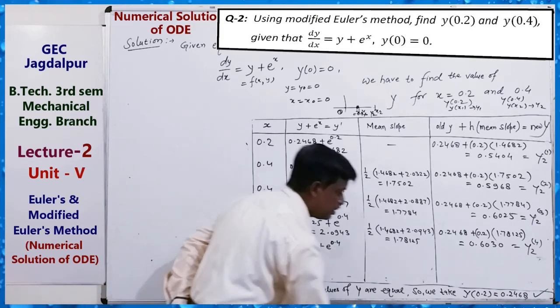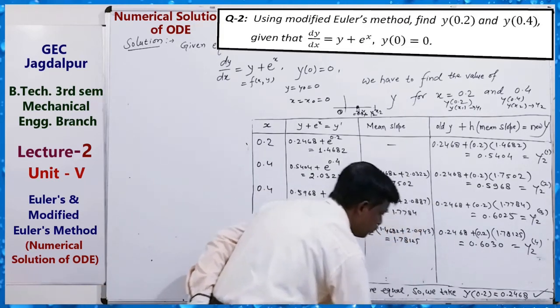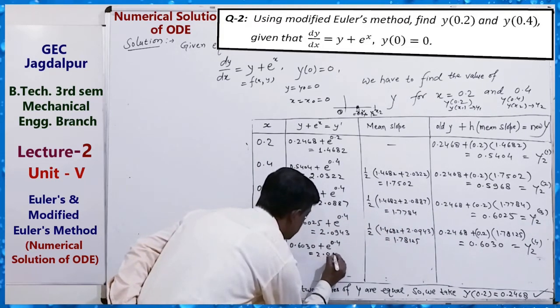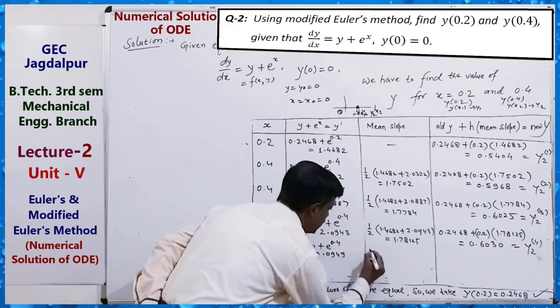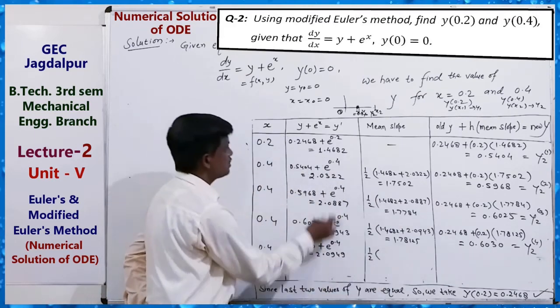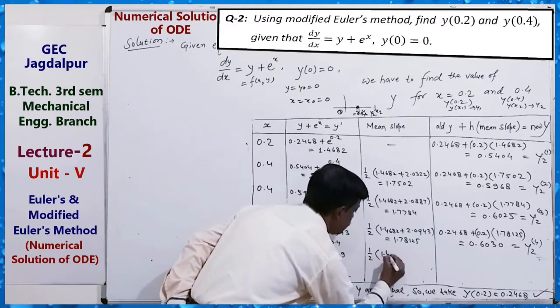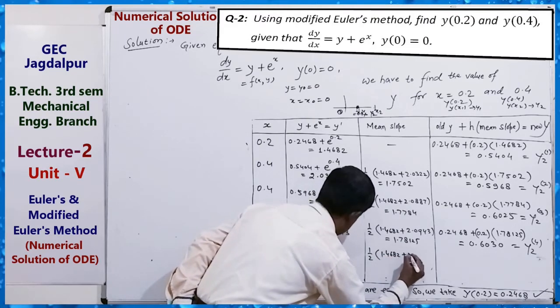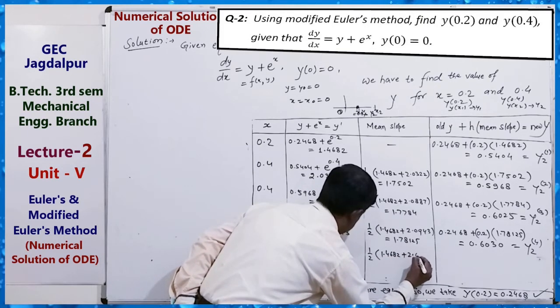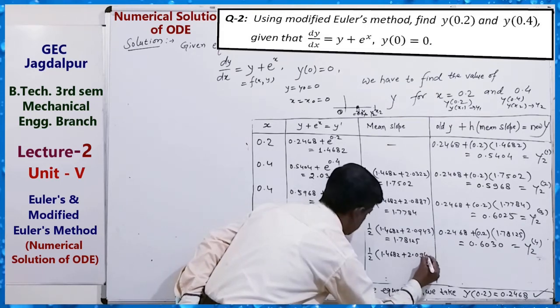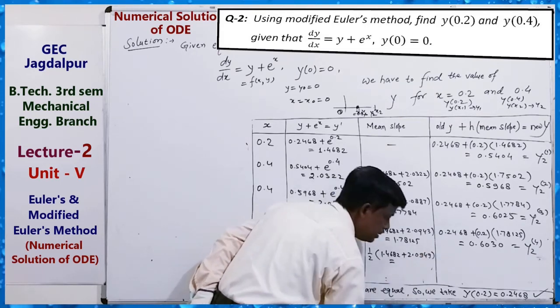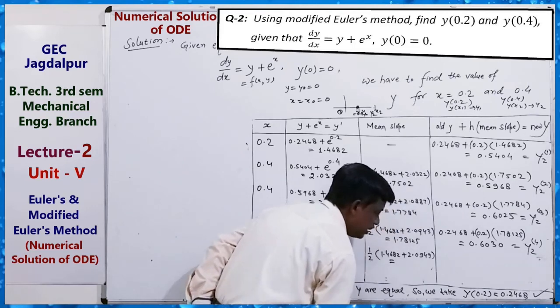This can be calculated: 2.0949, and here half of this, this plus this by 2. So 1.4682 plus 2.0949 can be calculated as 1.7815.